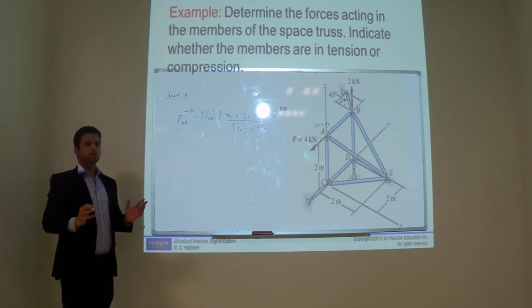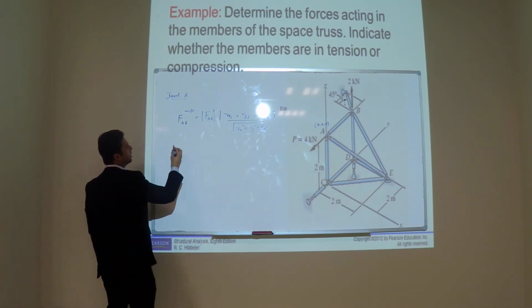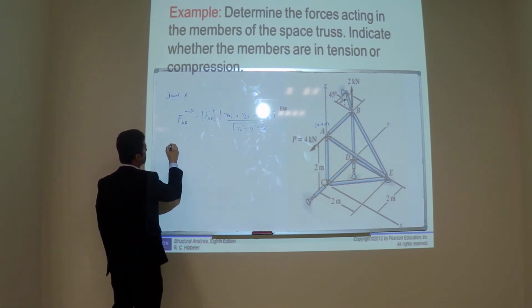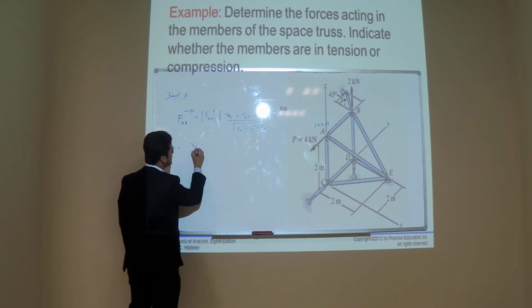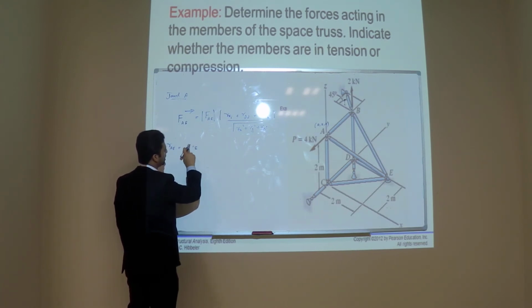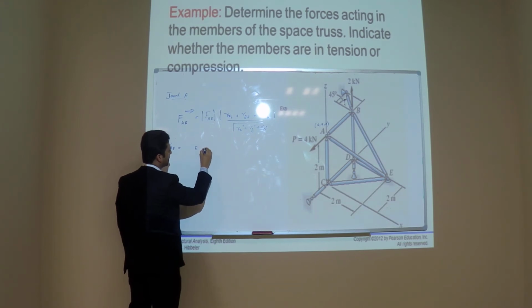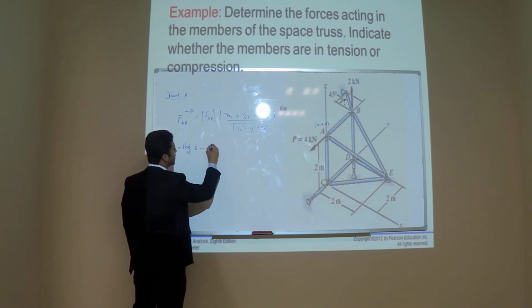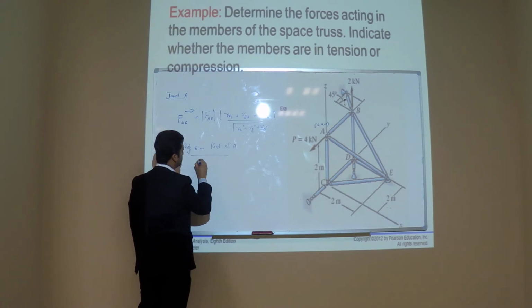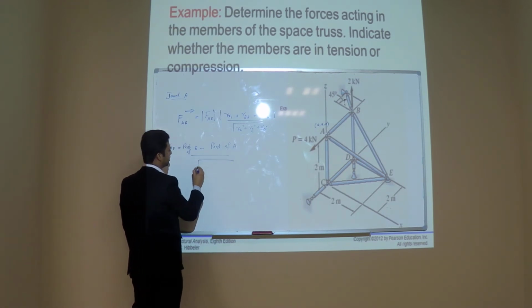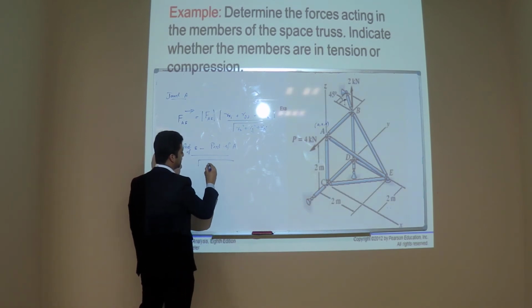Now, how can we find out the position vector for FAE? For example, RAE. How can you find out the position vector? The position of joint E minus the position of A, divided by the magnitude.